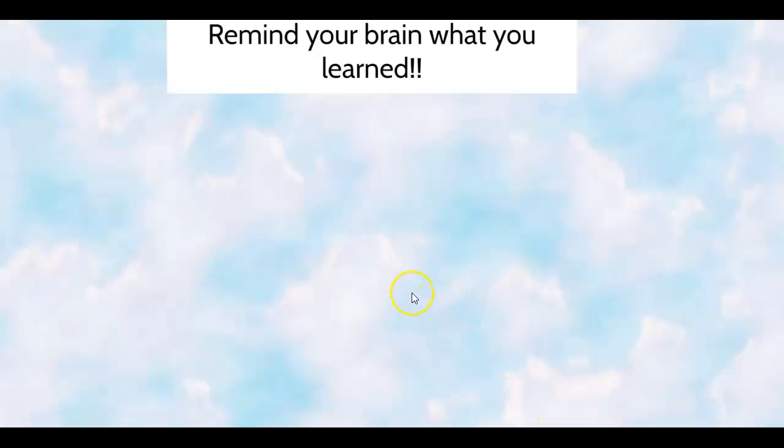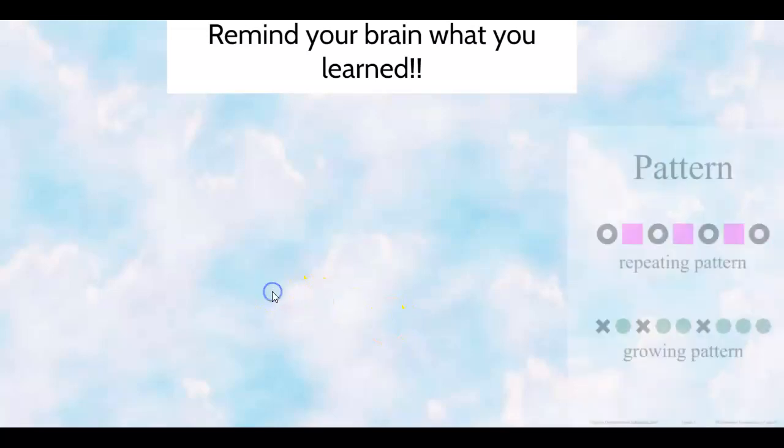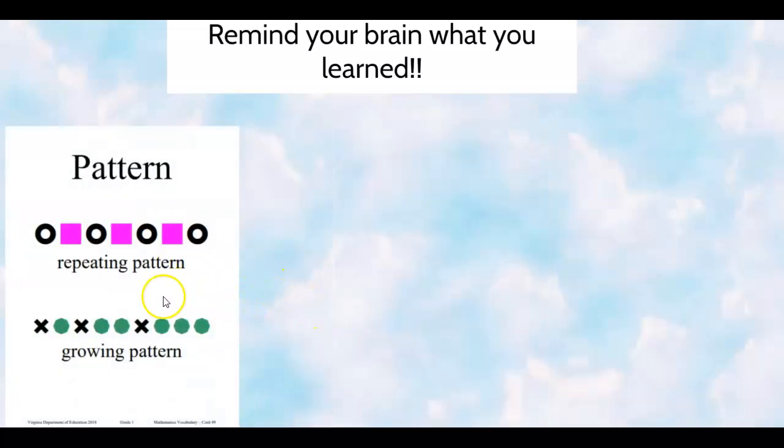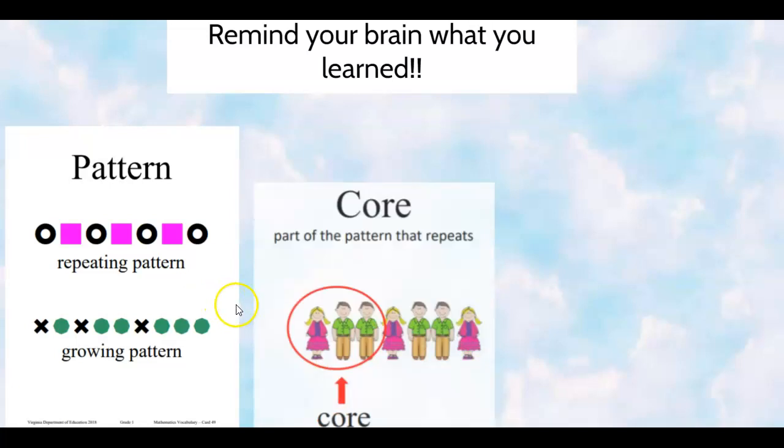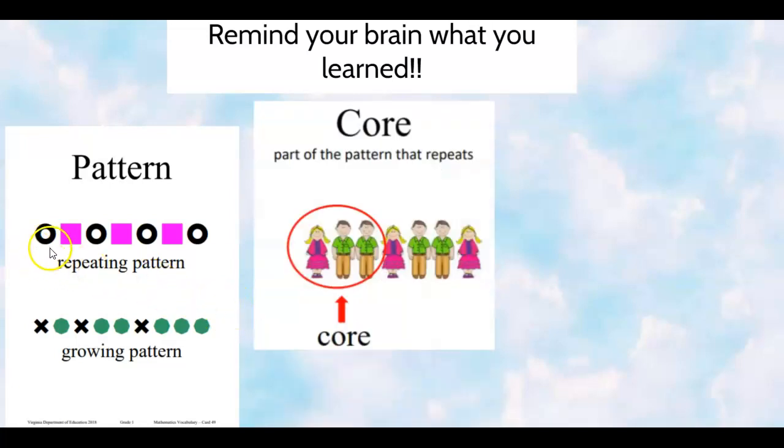So let's remind our brain everything that we learned today. We've learned a lot about patterns. We've learned that repeating patterns are where the core repeats over and over and over again. We've learned about growing patterns and that something about the pattern is growing and you have to figure out how it is and how to keep it going and how to extend the pattern.